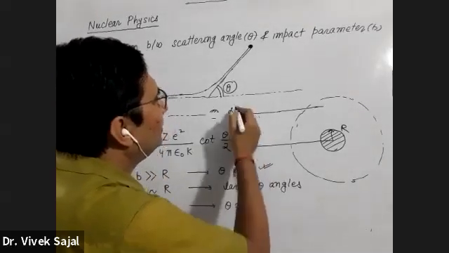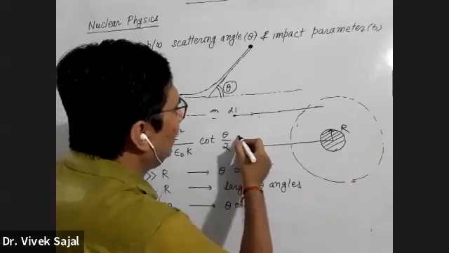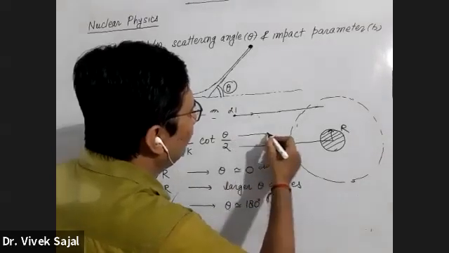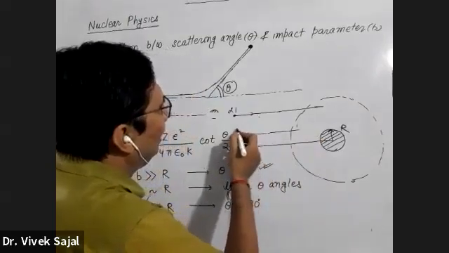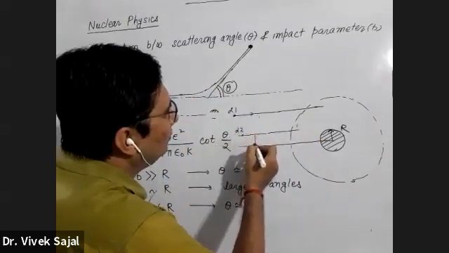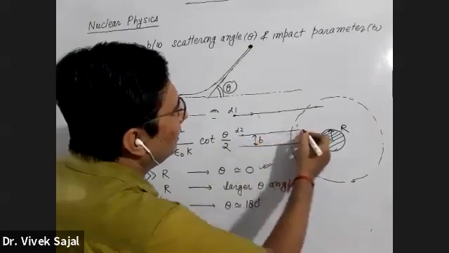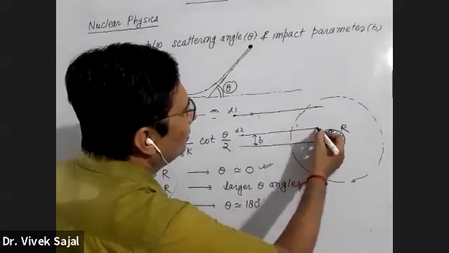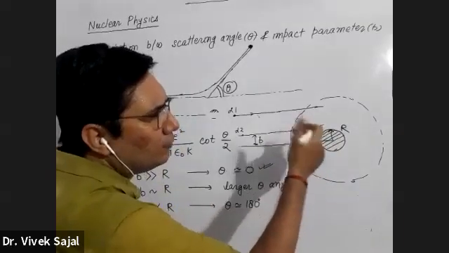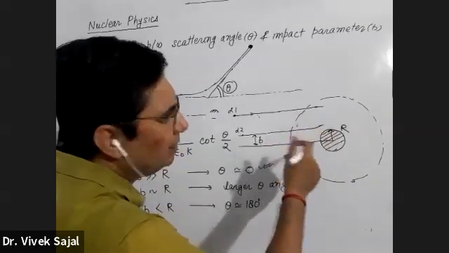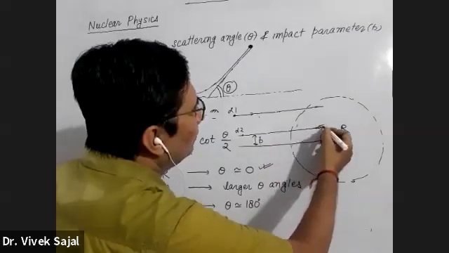The second case is when the alpha particle is passing close to the nuclei. So here this is alpha 2, and here B is of the order of R, both of the order of 10 to the power minus 15. Then what will happen?